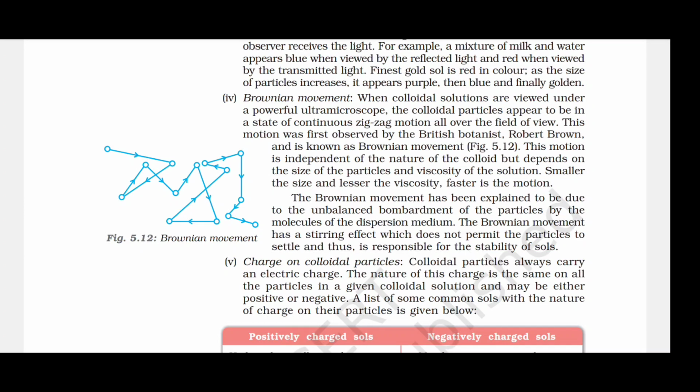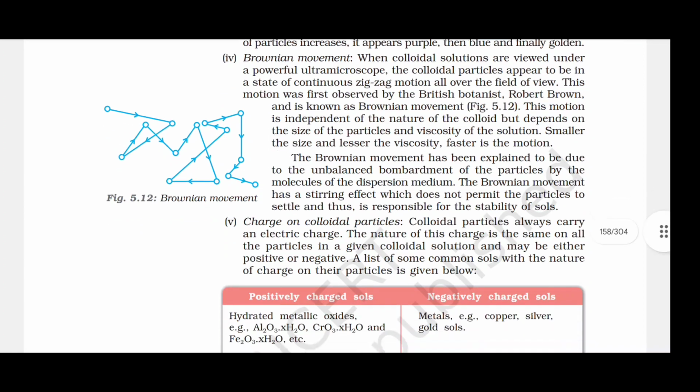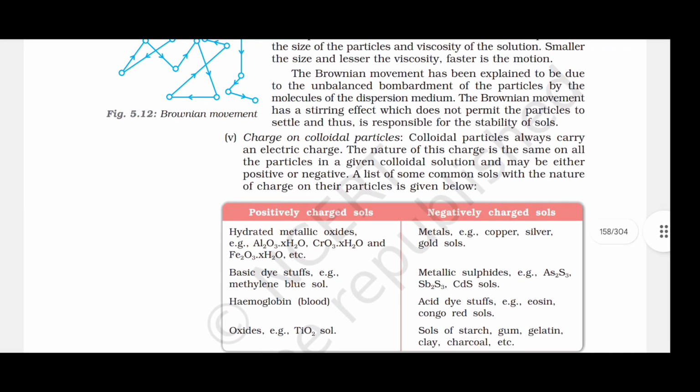Smaller the size and lesser the viscosity, faster is the motion. The Brownian movement has been explained to be due to the unbalanced bombardment of the particles by molecules of the dispersion medium. The Brownian movement has a stirring effect which does not permit the particles to settle and thus is responsible for the stability of sols.